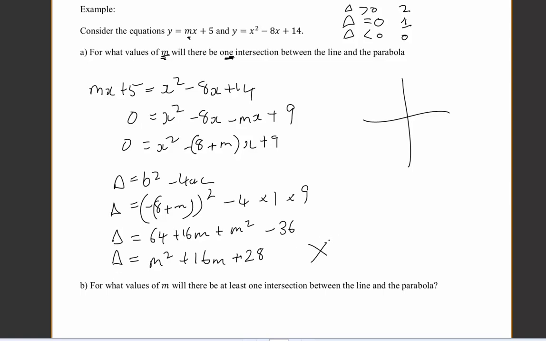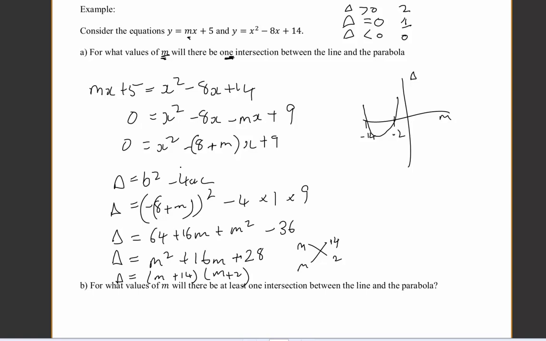The discriminant is equal to m plus 14, m plus 2. So it's going to be -2, -14. Here's our graph. This is the discriminant versus m.